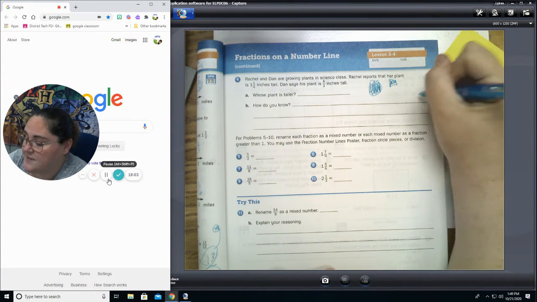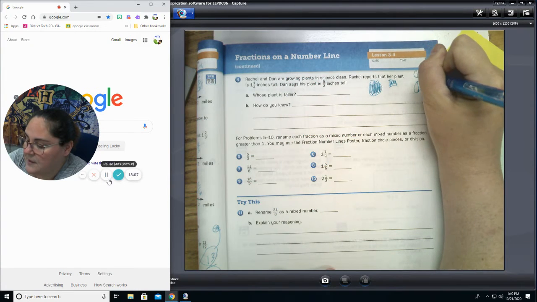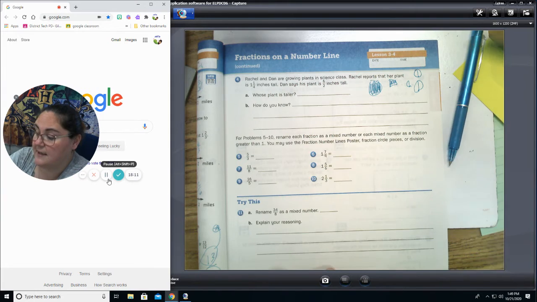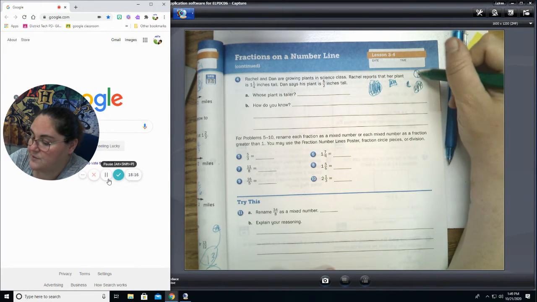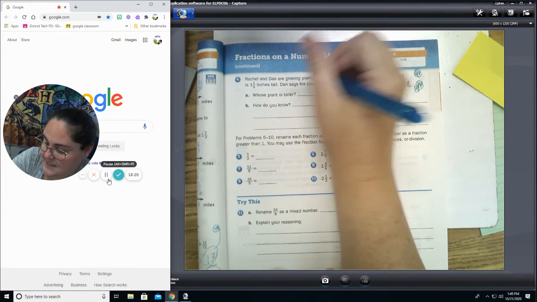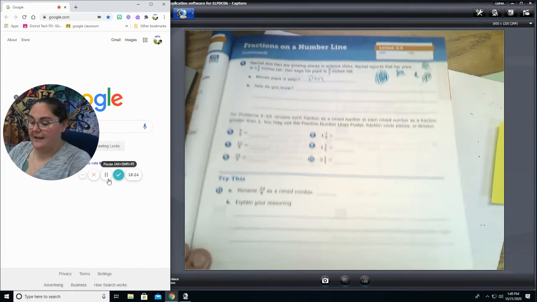Dan's is 5/2. 1/2, 2/2, 3/2, 4/2, 5/2. So Dan's is now going to be green. Whose is more? Dan. Dan's is bigger.